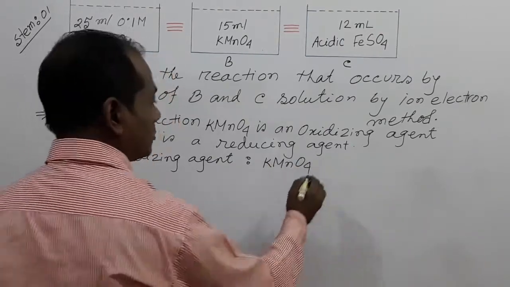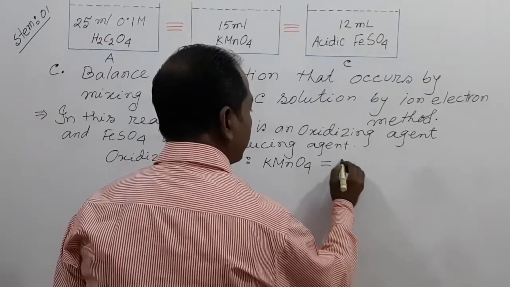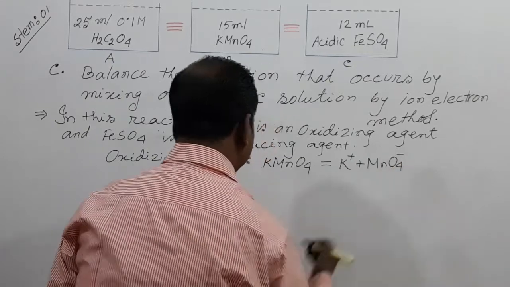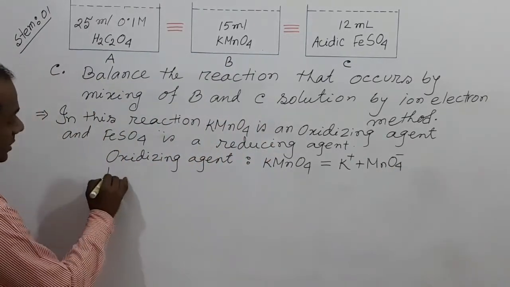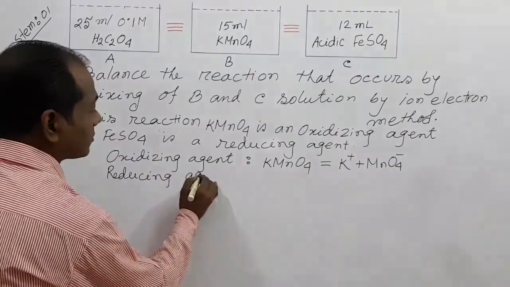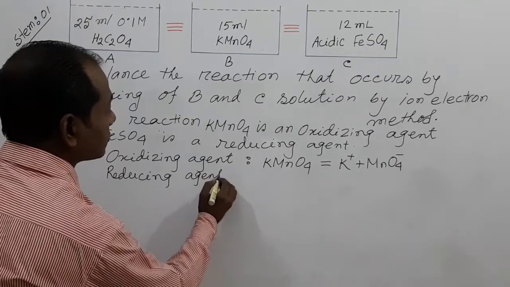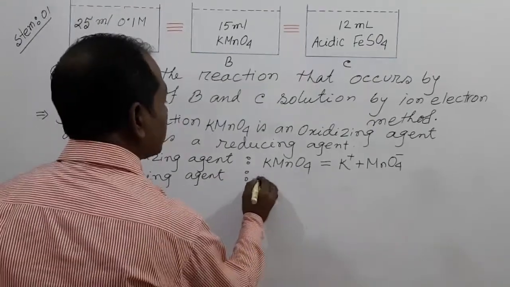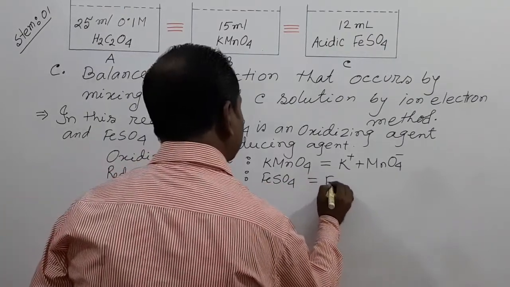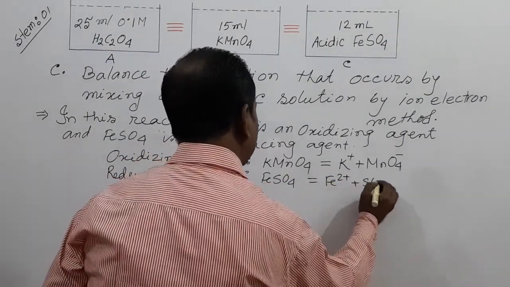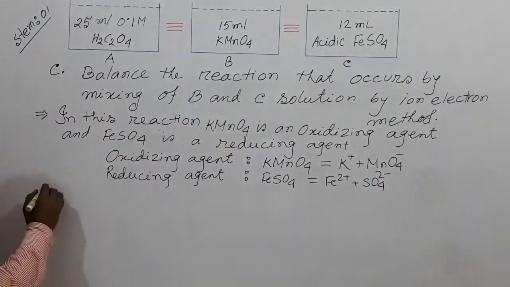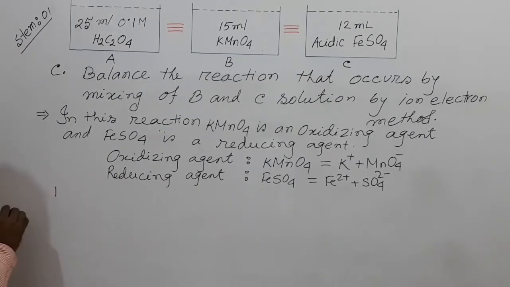Now, my dear students, the oxidizing agent KMnO4 gives potassium ion and permanganate ion, and the reducing agent ferrous sulfate gives ferrous ion and sulfate ion. So at first we write the reduction half reaction.